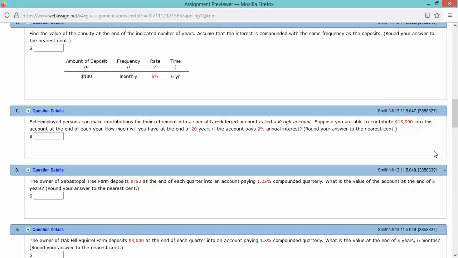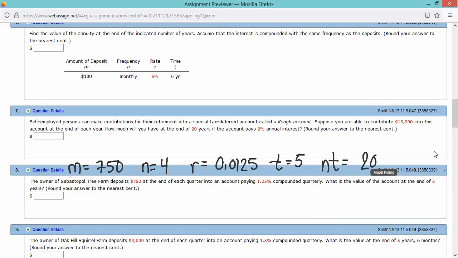This time we have a regular payment of $750 into an account each quarter, paying a rate of 1.25% for 5 years, for a total amount of compounding periods in T of 20.